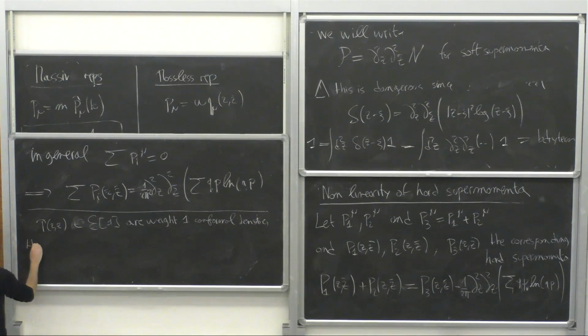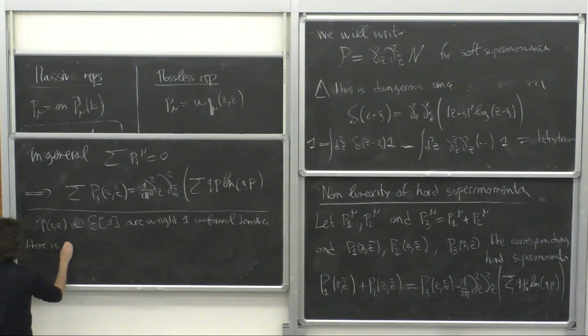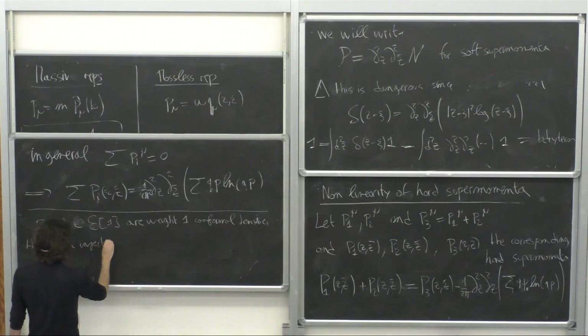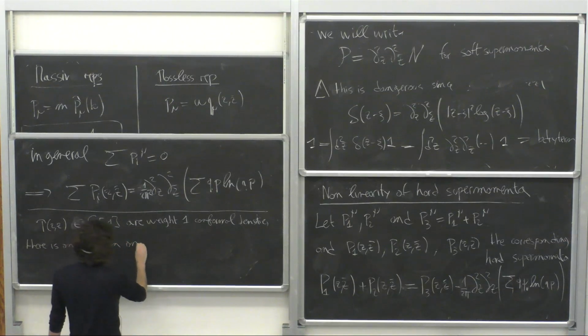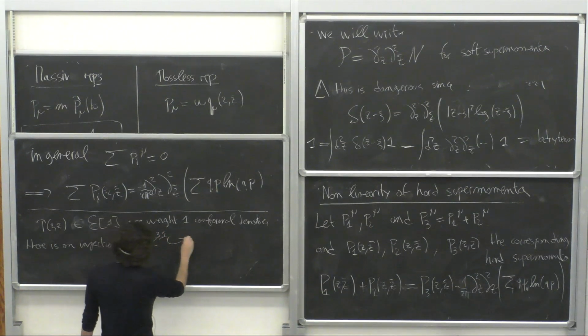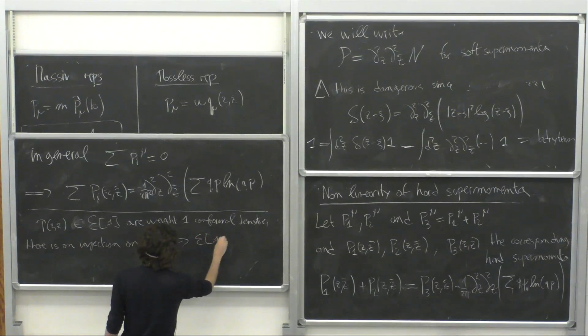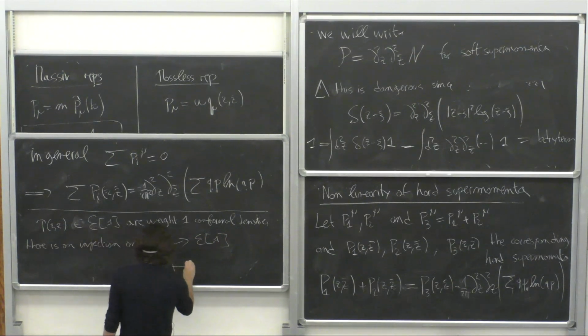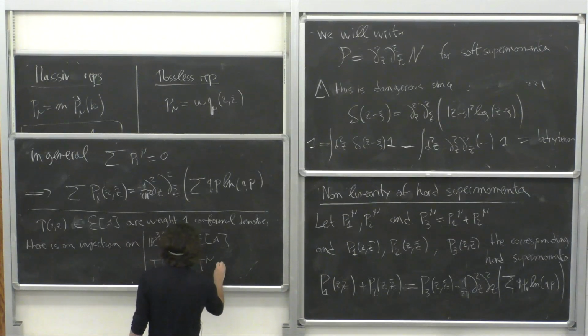And there is always an injection of translation. There is an injection, I should have said it before, I'm sorry, of R^3,1 inside. So there is an injection of translation inside supertranslation, and in coordinates, I'm realizing this injection by this Q mu z bar.